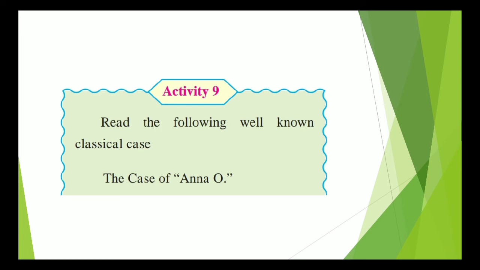Because she saw that particular incident, she developed a hatred towards drinking any kind of liquid or consuming any kind of water. So, that is how the case study works, wherein Anna had the problem of drinking water. Through the case study, they were able to find out what was the problem behind her behavior. So I want you to read this Activity 9 in much more detail to understand the case study.